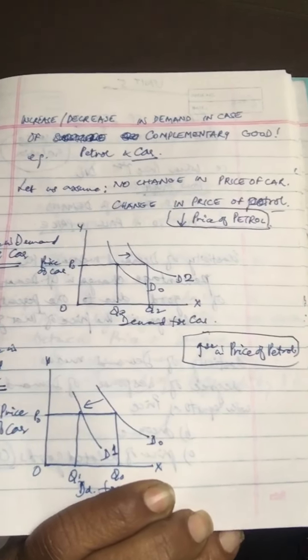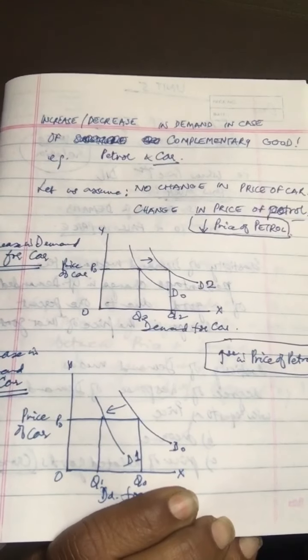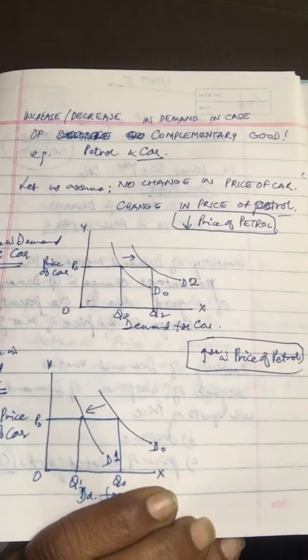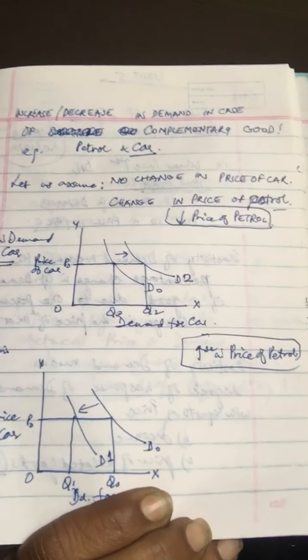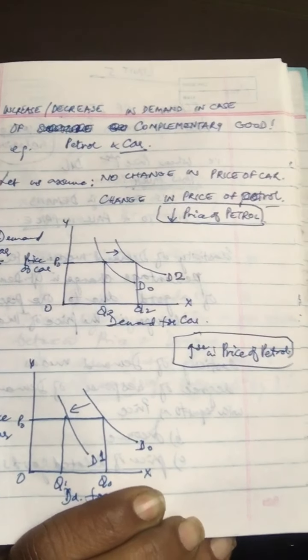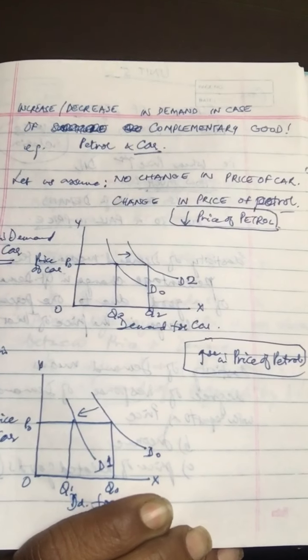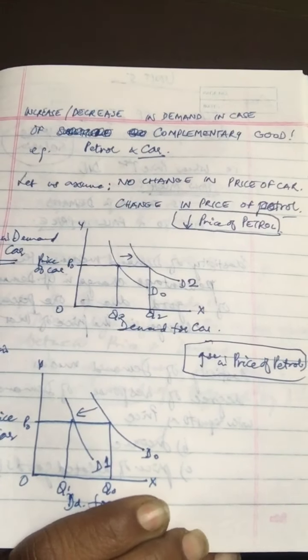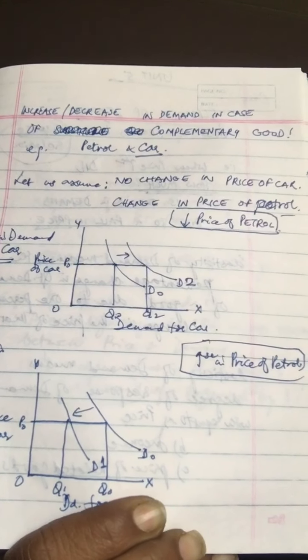I'm revising from the last class just to make it very clear, because when I heard myself it wasn't really clear. So let's take the complementary goods, car and petrol. Again, we made an assumption that the price of the car remains the same.